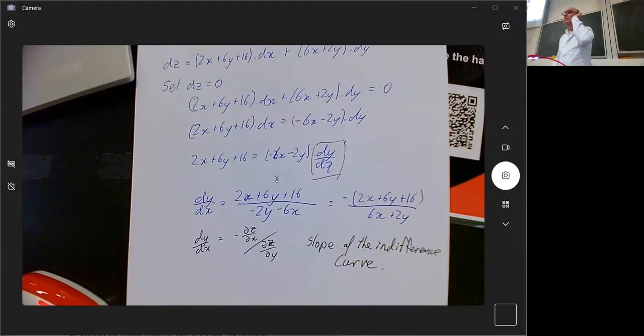What's it? Marginal rate of substitution? Yes. So they do like to refer to it as your marginal rate of substitution, which is equivalent to the slope of your indifference curve.